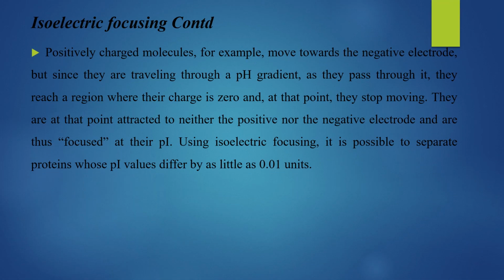Now, positively charged molecules, for example, move toward the negative electrode, but since they are traveling through a pH gradient, as they pass through it, they reach a region where the charge is 0, and at that point, they stop moving. They stop moving because they have no charge. They are at that point attracted to neither the positive nor the negative electrode and are thus focused, isoelectric focusing at their pI.